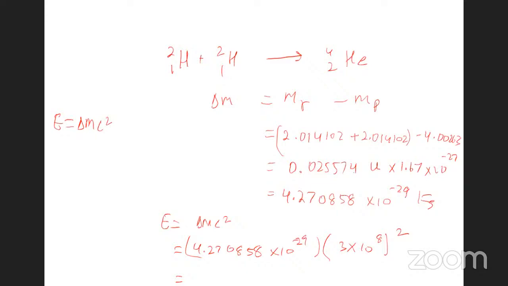Nobody online responded. How much will I get? 3 by 10 to the 8, squared. Some people get a different value, 4.245284 by 10 to the minus 29.